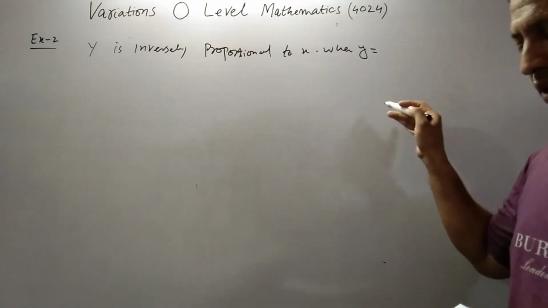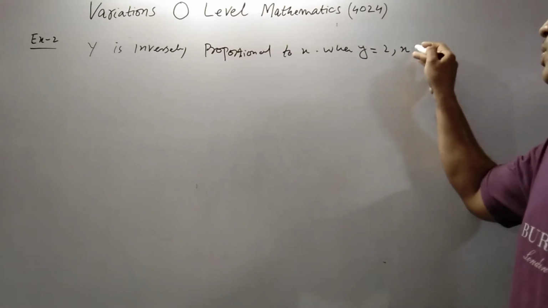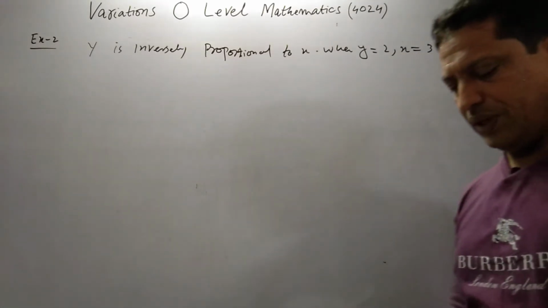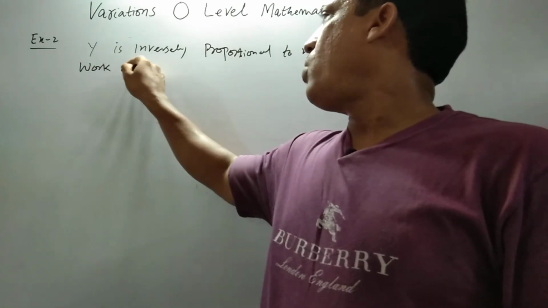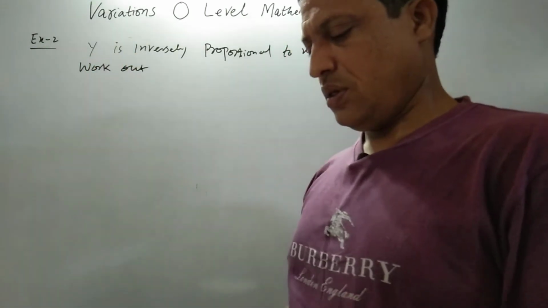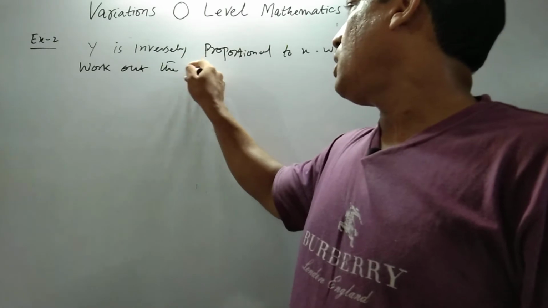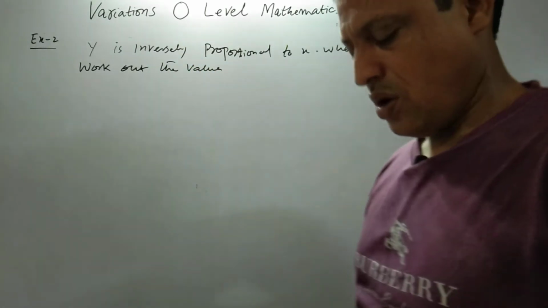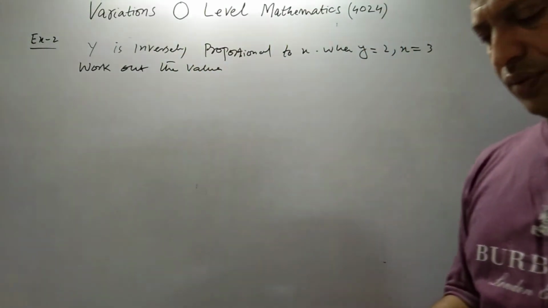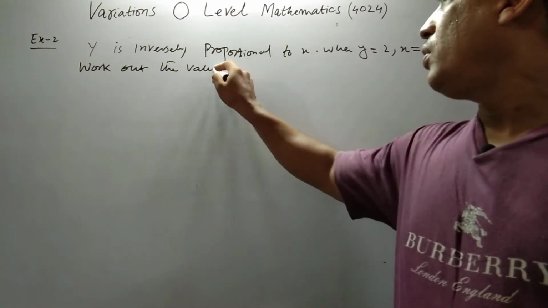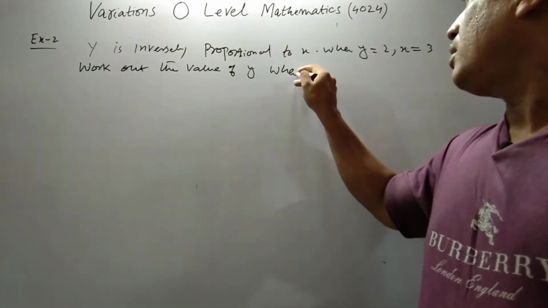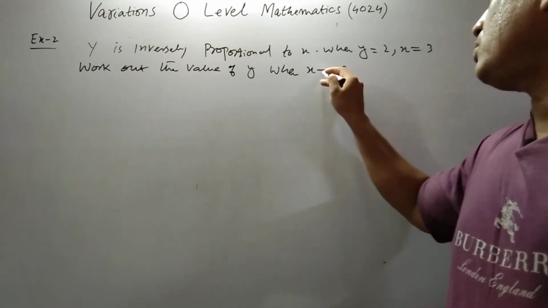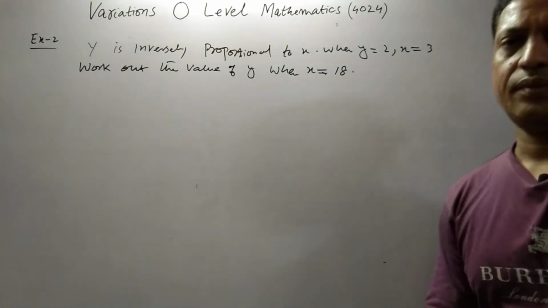When y is equals to 2, x is equals to 3. Work out the value of y when x is equals to 18.